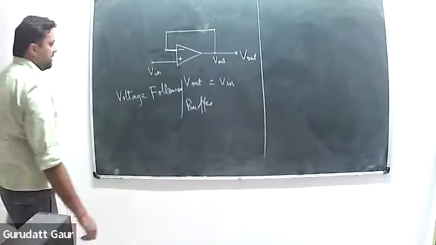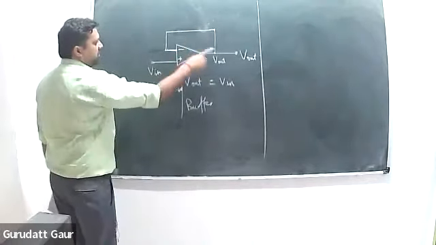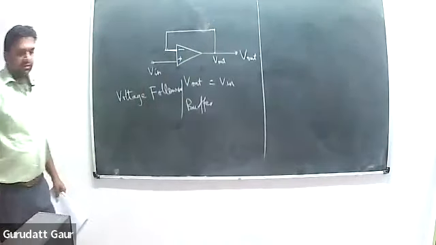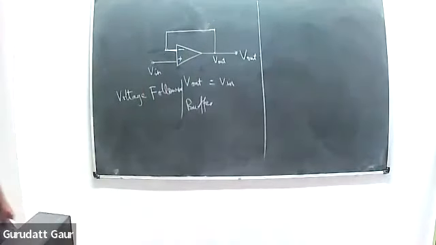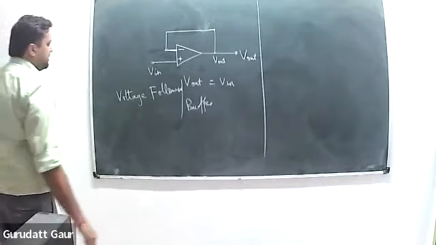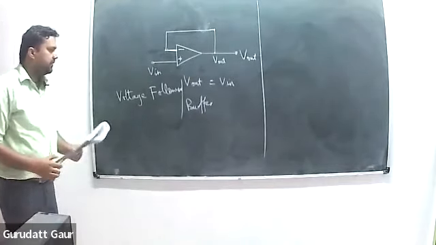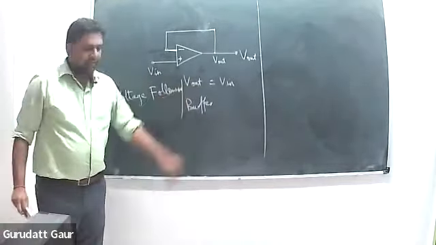How can we understand it? The whole of the output is being fed to this input terminal. You can do those calculations, and you will get V out is equal to V in.